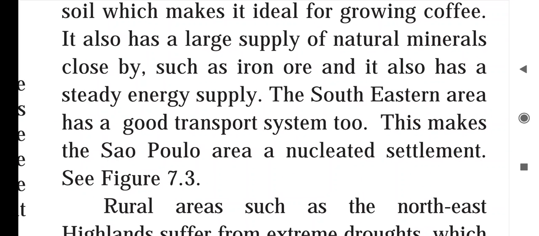See figure 7.3. So here it is said why in the Sao Paulo region there is a nucleated settlement, though it has a hot and humid climate and rugged topography, but still settlement is more because of these things. For coffee cultivation, that is the suitable climate.